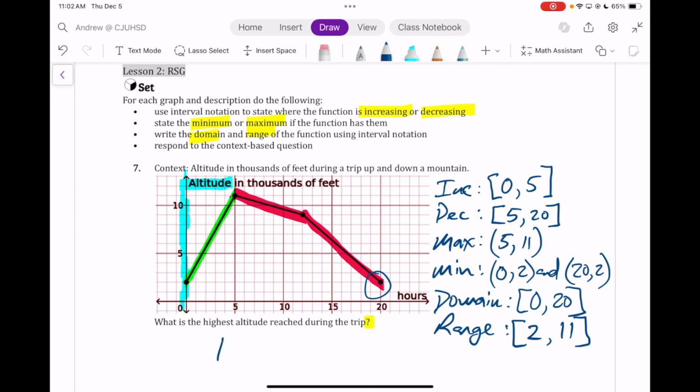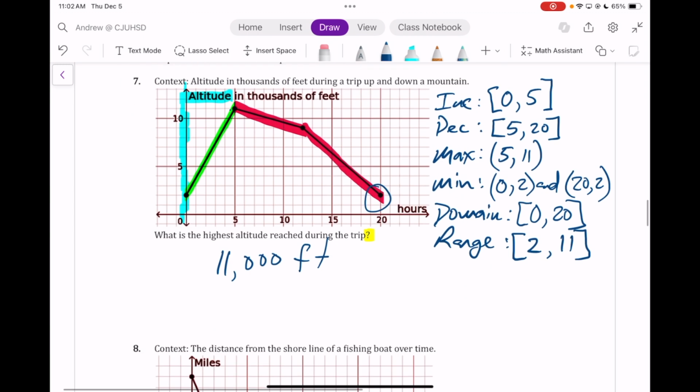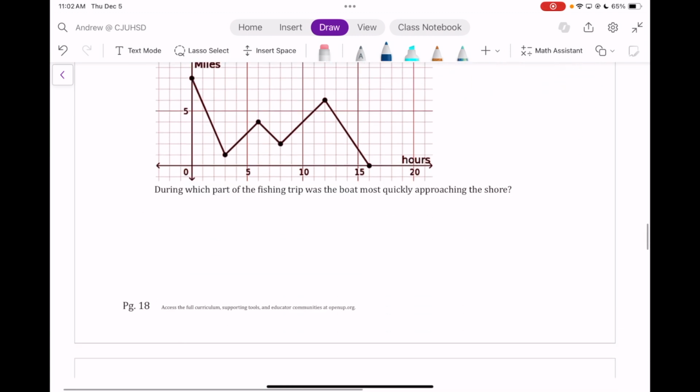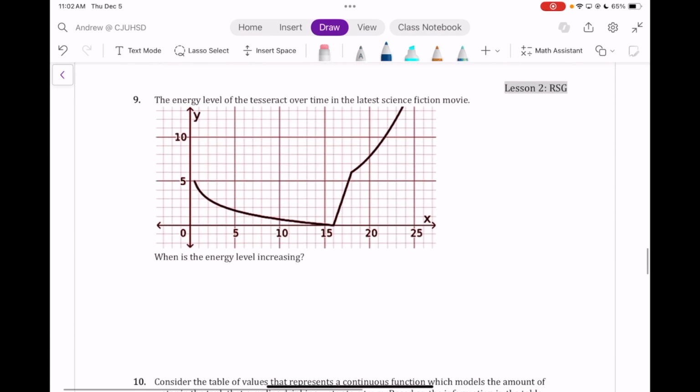But that means 11,000 feet. So it's definitely a mountain. This is some sort of a mountain climb. Or it could be an airplane. So something similar like that for problem number 8. Problem number 9. So if you need to know what the answers of those are, please look them up on the Canvas module.